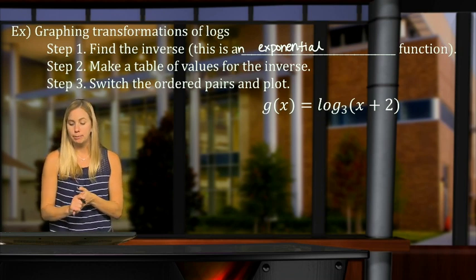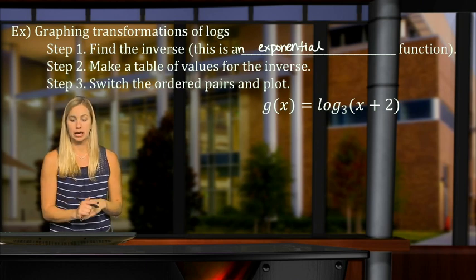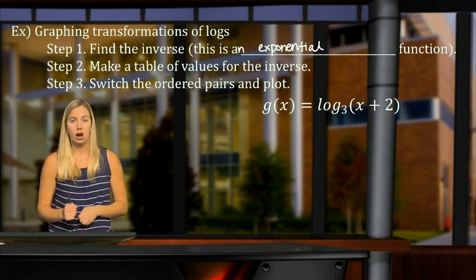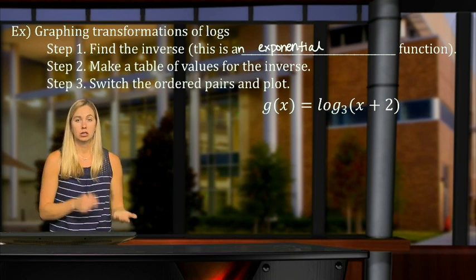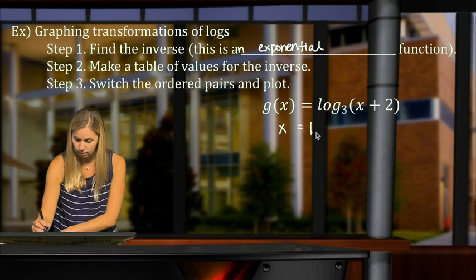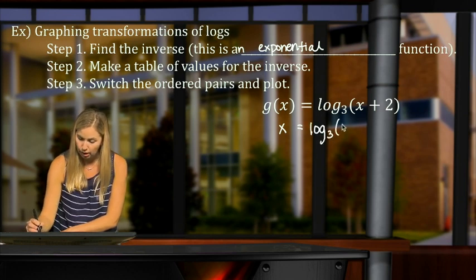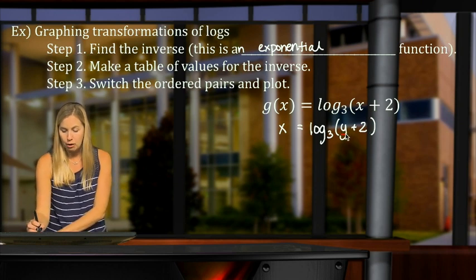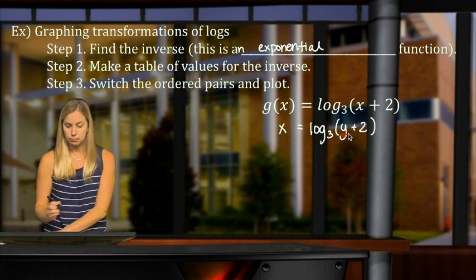So here's an example, g of x equals log base 3 of x plus 2. How do we find the inverse of this function? Our first step is to switch x and y. So this becomes x equals log base 3 of y plus 2. And now I want to solve for y.